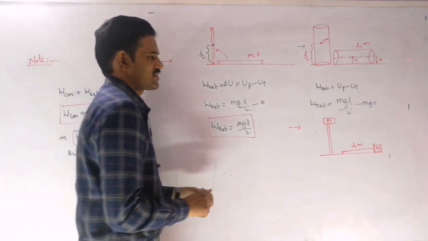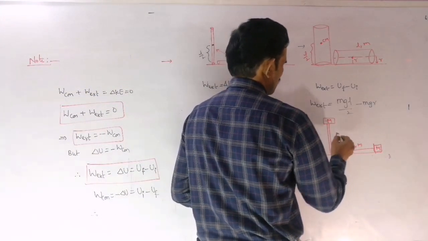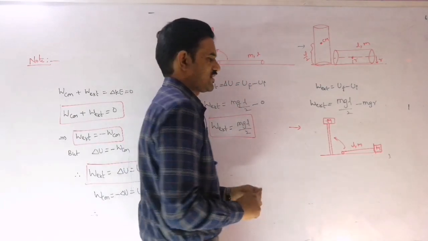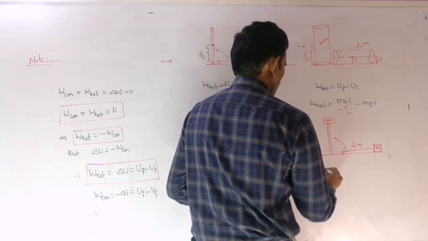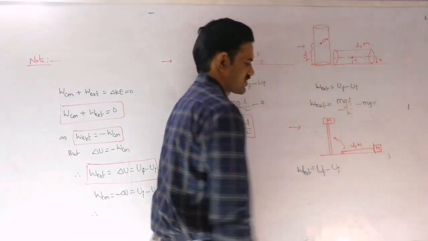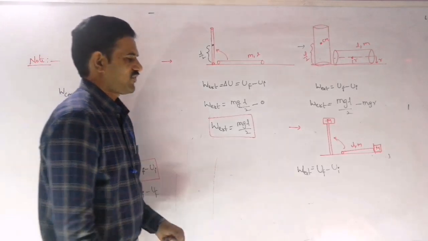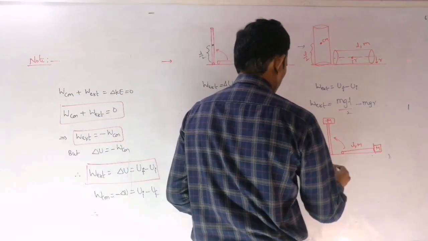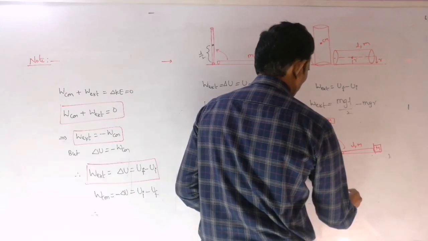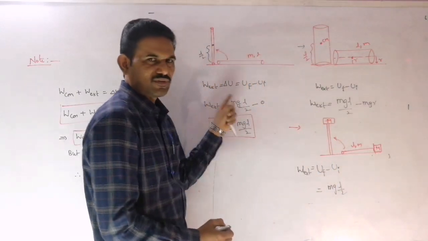Now for the work done in placing this rod in this position, we again write the change in potential energy: final potential energy minus initial potential energy. The final potential energy for the rod is mg L by 2, as before, using its center at L by 2.